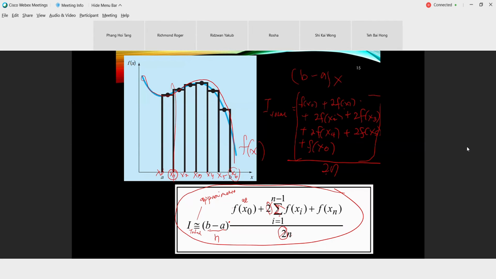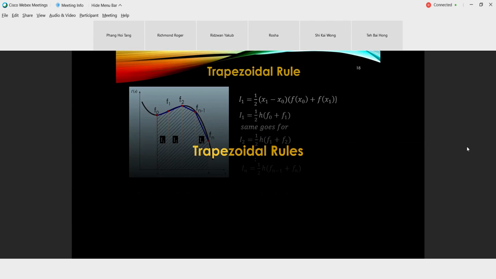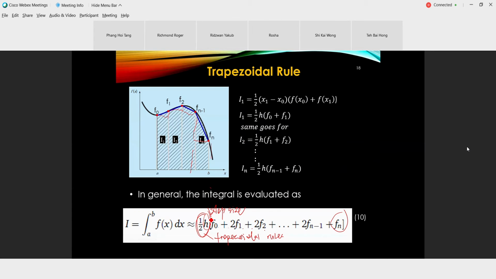Slightly different. Don't forget, this is for rectangular. So that is the trapezoidal rule. Same method as rectangular but a different formula that you need to show in the test or project.